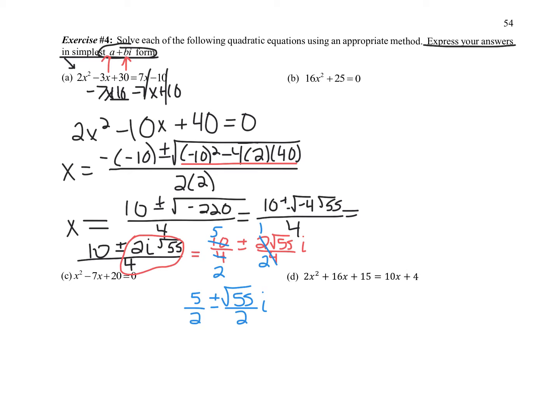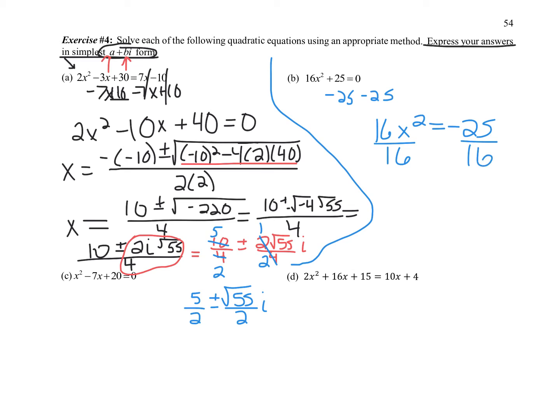The next one, I actually can avoid the quadratic formula because this is an incomplete quadratic, right? There's no x term, so I can just subtract the 25 on both sides. I get 16x squared equals negative 25. Divide by 16, and I get x squared equals negative 5/4.